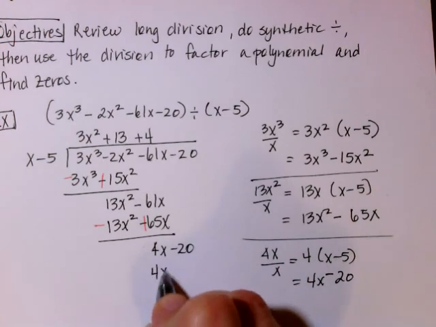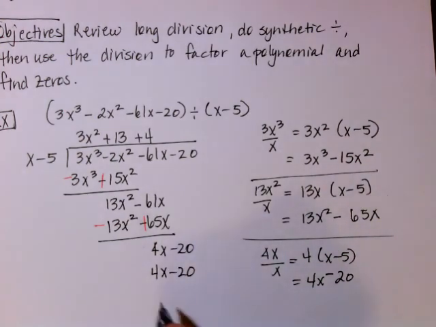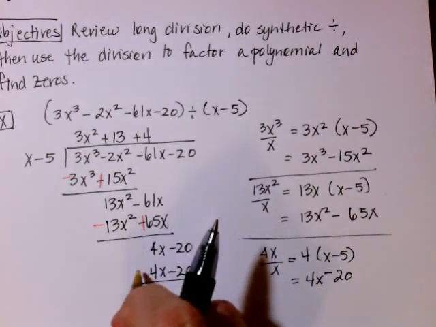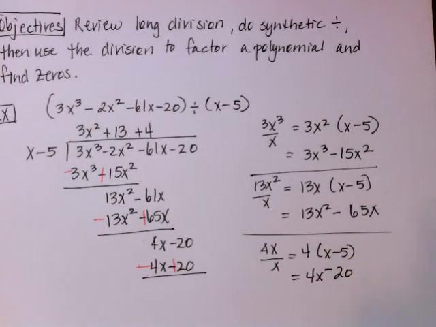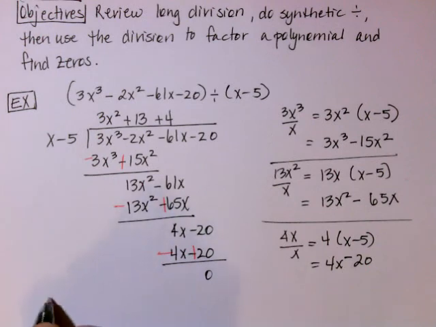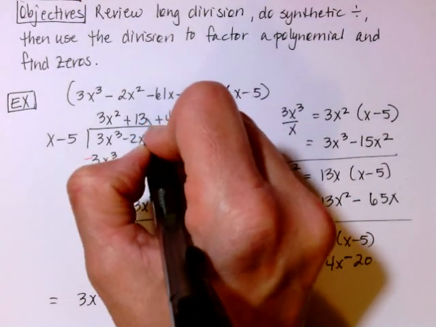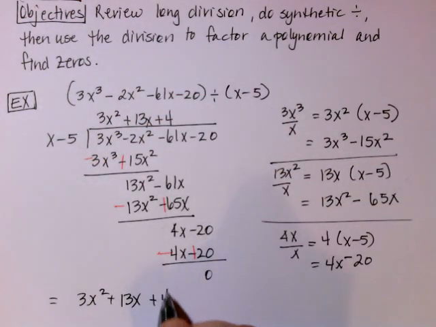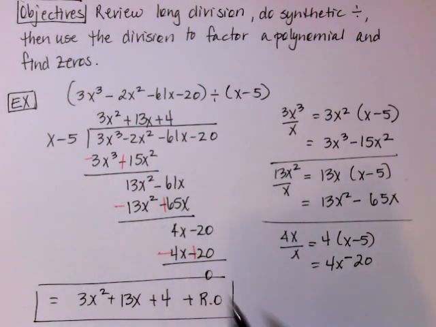Write it down, and then draw my line, change signs, and I get 0. So the solution to this one is going to be 3x squared plus 13x, forgot my x up there, sorry, and there's a 4, and then plus a remainder of 0. And then that would be my answer.